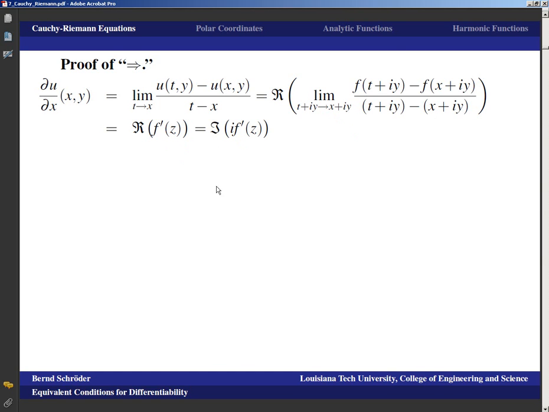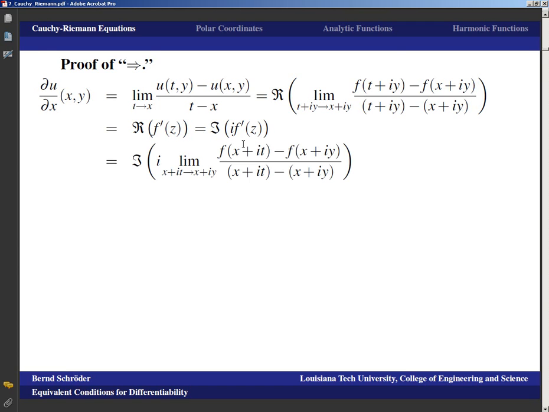Take a complex number u plus iv. The real part is u. If you multiply that number by i, you get negative v plus iu, and the imaginary part of that is also u. So that is just complex algebra. And now we're just puzzling the whole thing apart again. We have the i here, we've got the imaginary part, and f prime of z is the limit of f(x+it) minus f(x+iy) over (x+it) minus (x+iy), where x+it goes to x+iy.